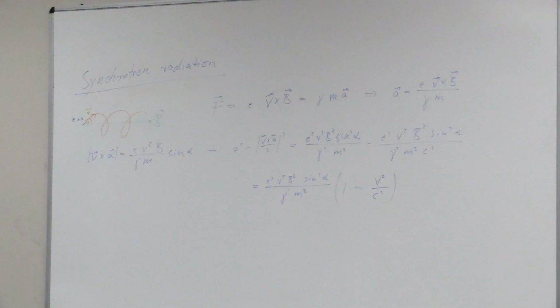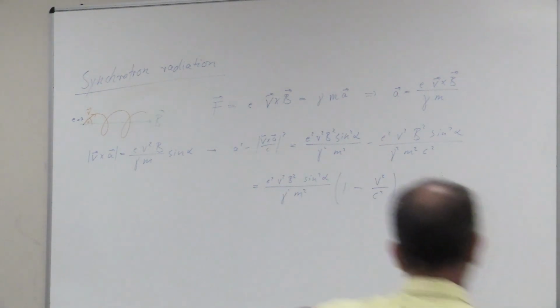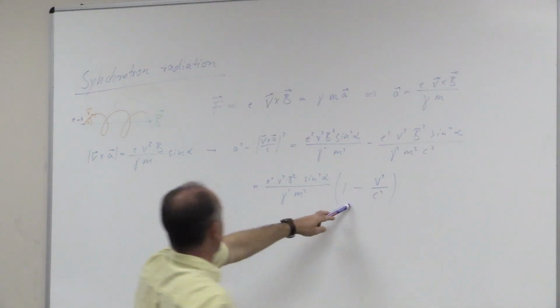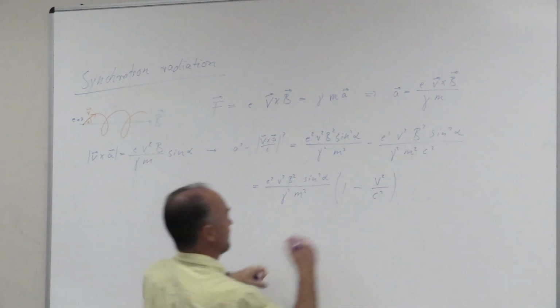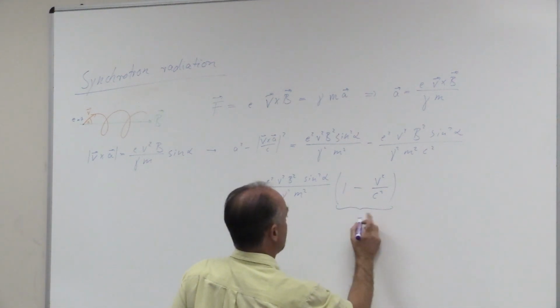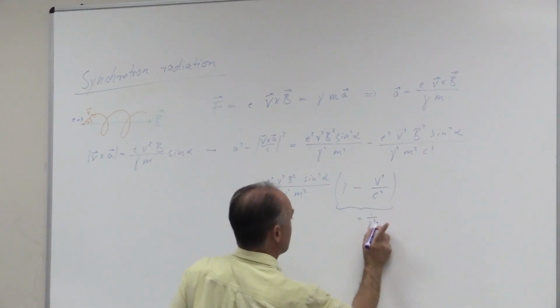Now, if you remember the definition of the Lorentz factor, 1 minus v squared over c squared gives you 1 over gamma squared, right?